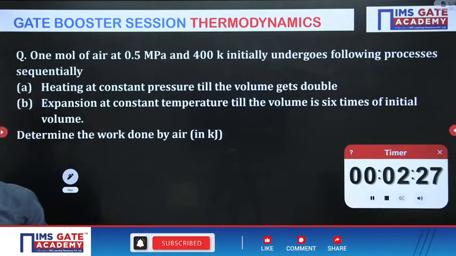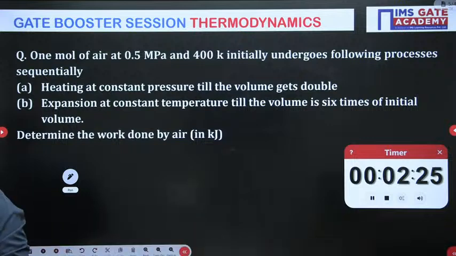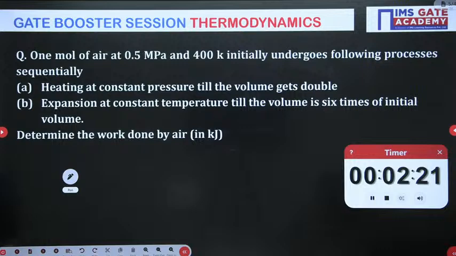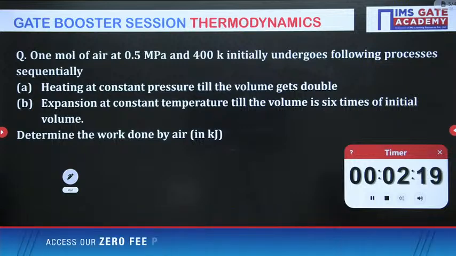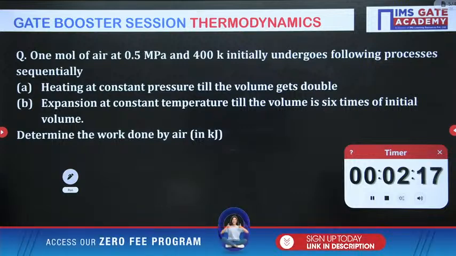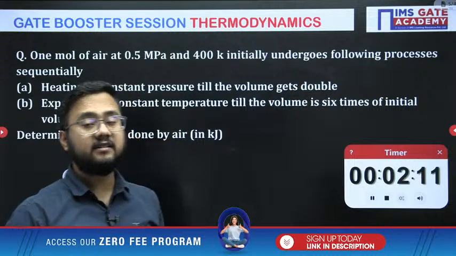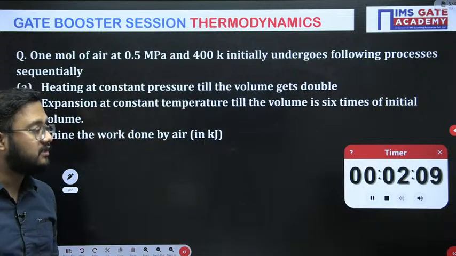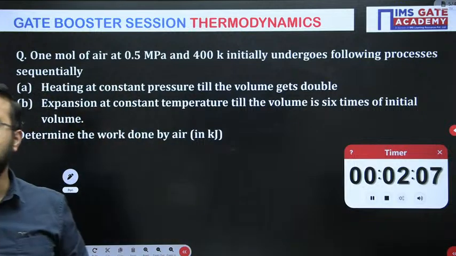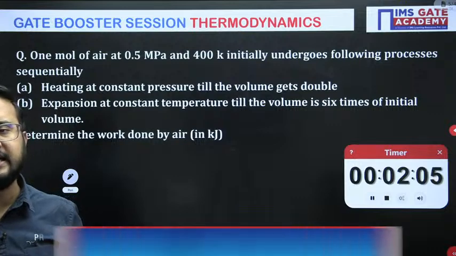Do it fast. Again, from ideal gas relations and the work transfer formulas for different processes, you can solve this question very easily.